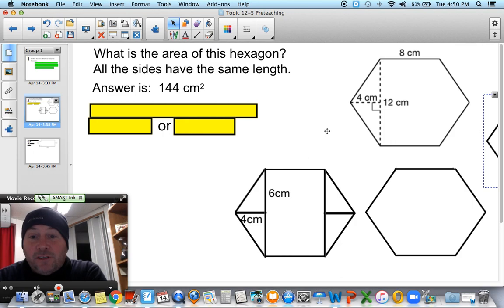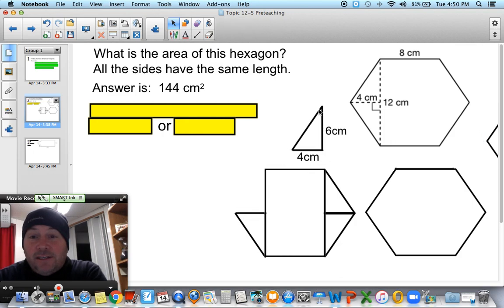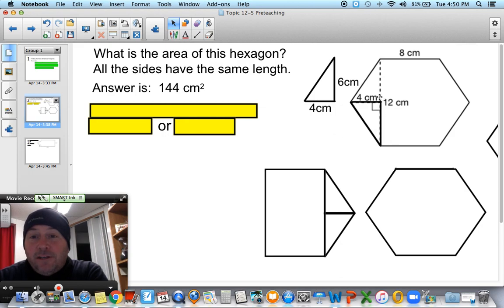So in other words, you could say, oh yeah, I see that we have a triangle up here, okay? We have that triangle there. We have a triangle down here. We have a little triangle right here, and we have a little triangle right here.